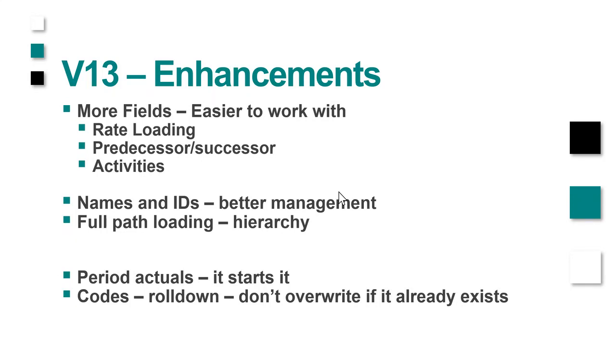Little things like that, especially when you're working with lots of data, will hopefully make it easier for you to work with. Similarly on the WBS, sometimes seeing the full path of the WBS and the level of the WBS makes it easier when you're building things out. So again, we've made some enhancement on that. I'm going to show you those.